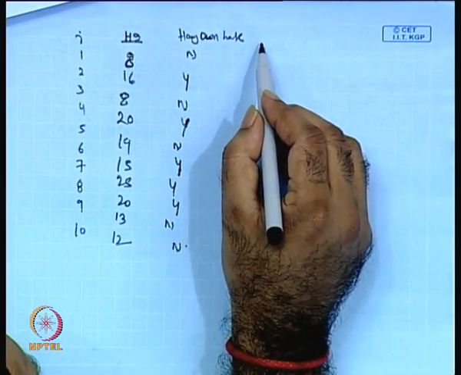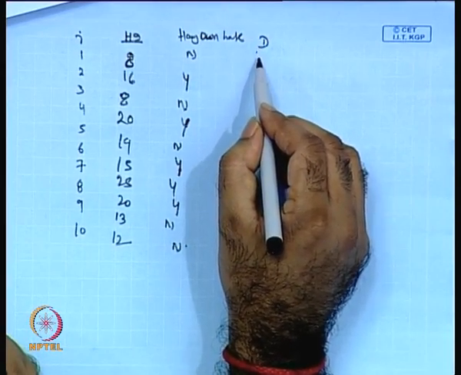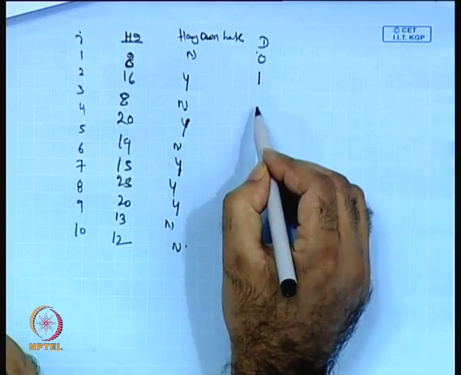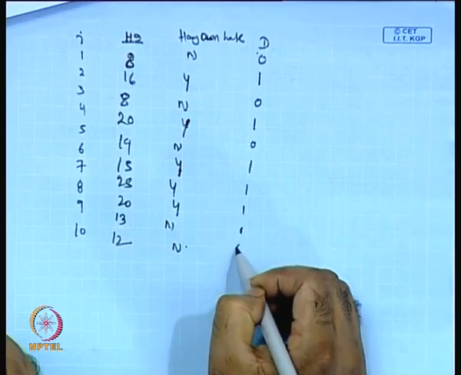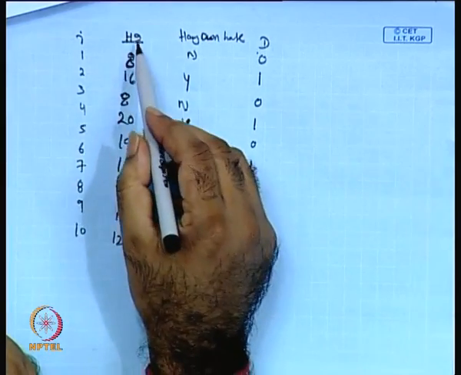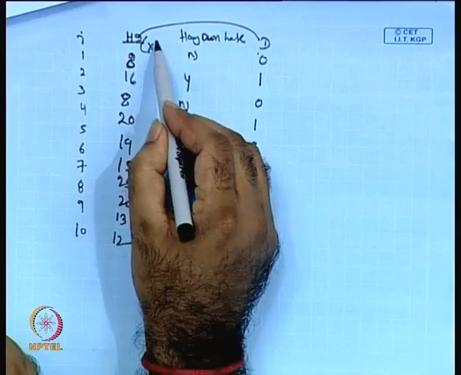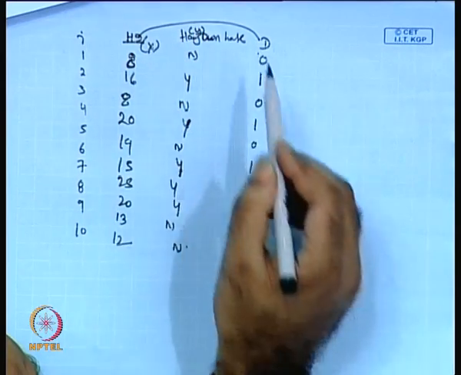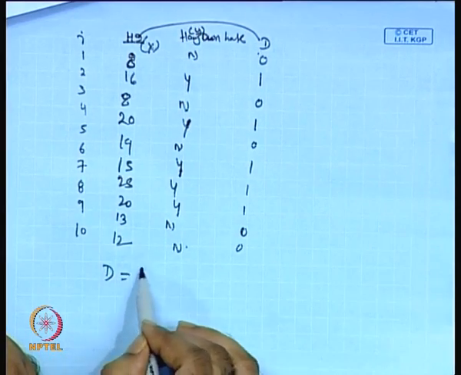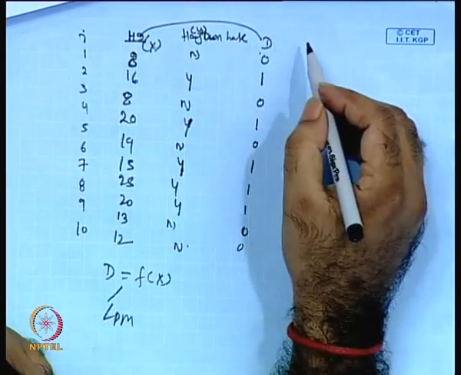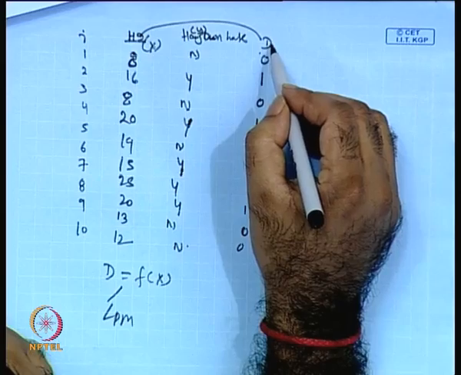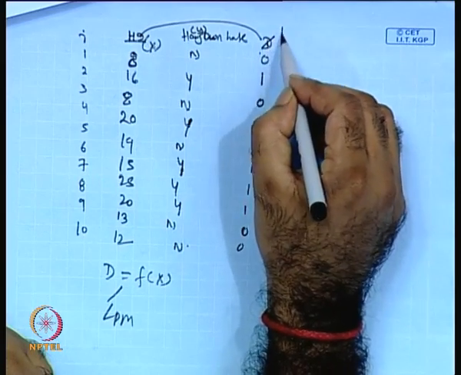Now what we have to do, we transform this into d. d is 0, 1, 0, 1, 0, 1, 1, 1, 0, 0. Now we are integrating this and this: this is x and this is y. We are regressing d upon a function of x. This is our linear probability model. In the case of logistic models, instead of d we call it p.